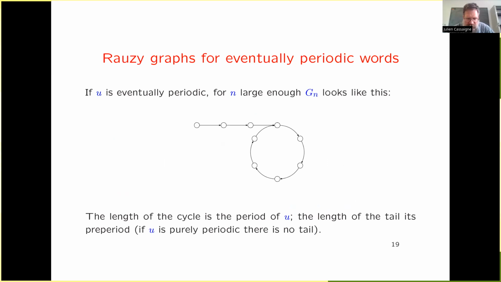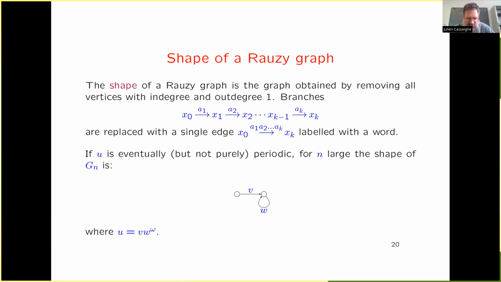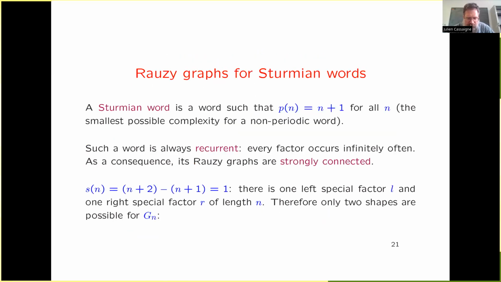Okay, let's skip this trivial case of periodic words. So when you have a Sturmian word like Fibonacci, the complexity is n+1, so the number of special factors is exactly 1, which means that in the graph there is one left special factor and one right special factor.